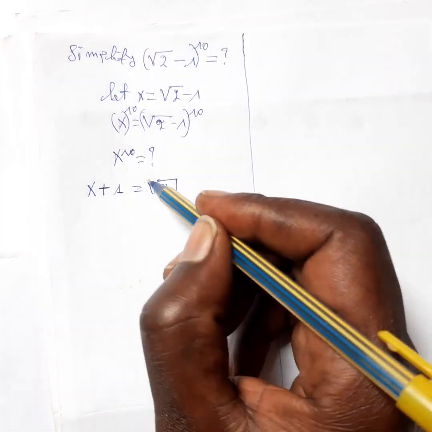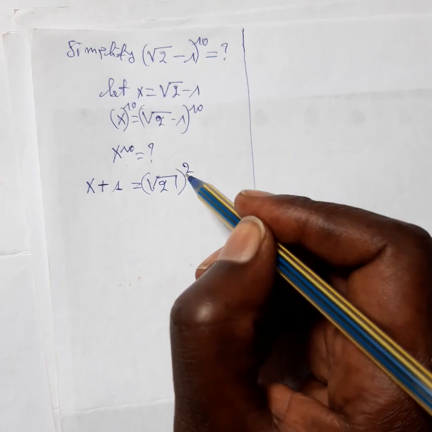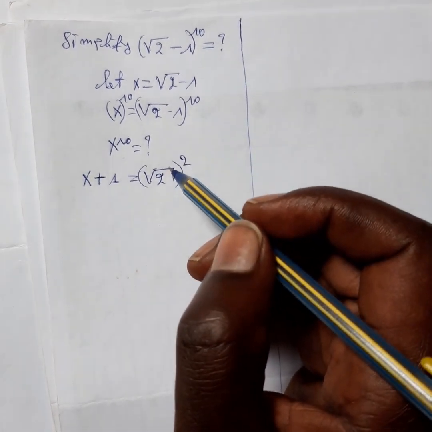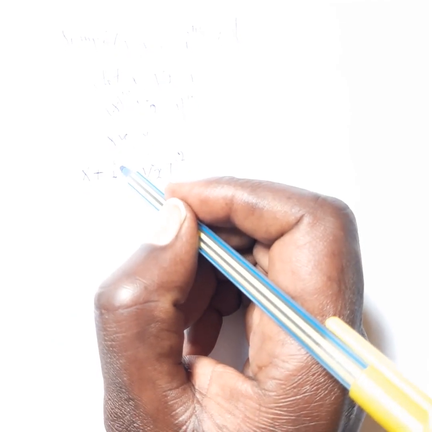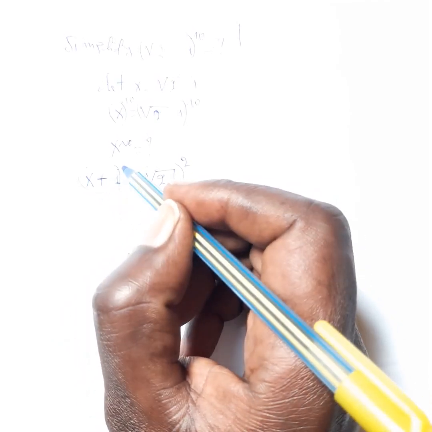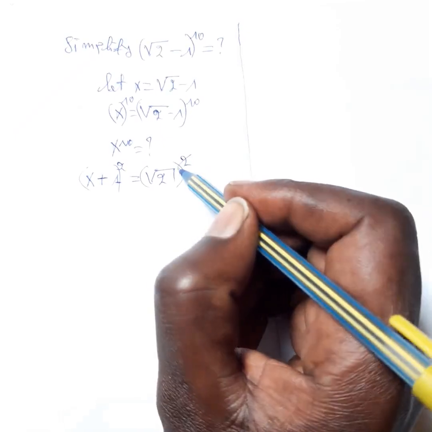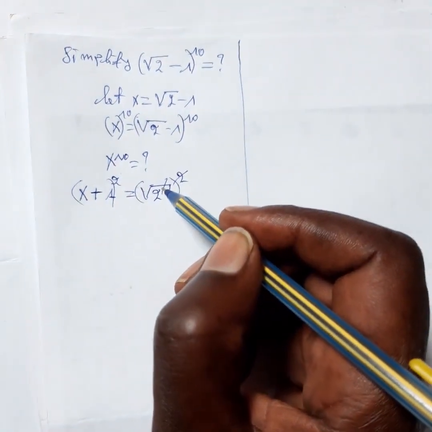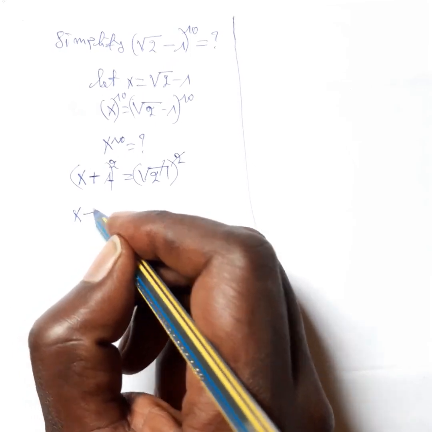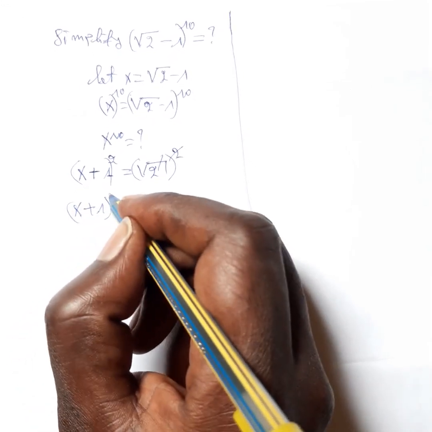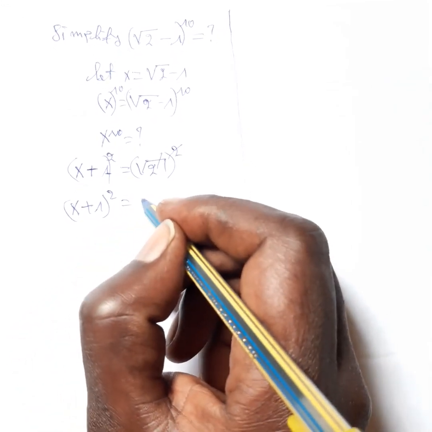We will have (square root of 2) squared and (x plus 1) squared, so these two will cancel the square root. Then we have (x plus 1) squared equal to 2.